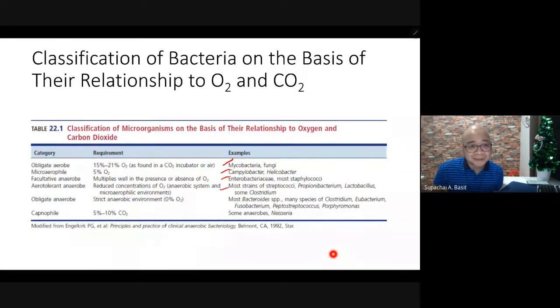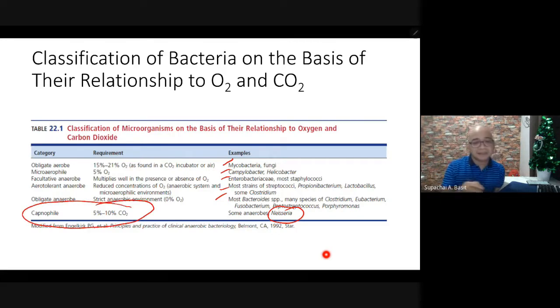Most Bacteroides and Clostridium are classified as obligate anaerobes. And Neisseria, an example of gram-negative bacteria, are classified as capnophiles because they require about 5 to 10% CO2 for growth. So these are the different classifications of organisms when it comes to oxygen requirement.